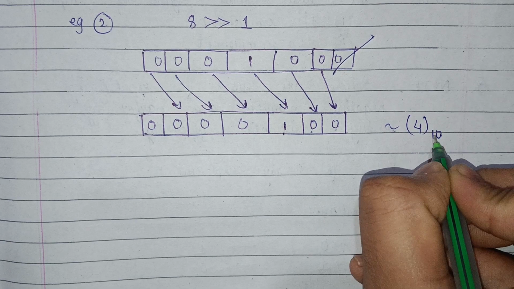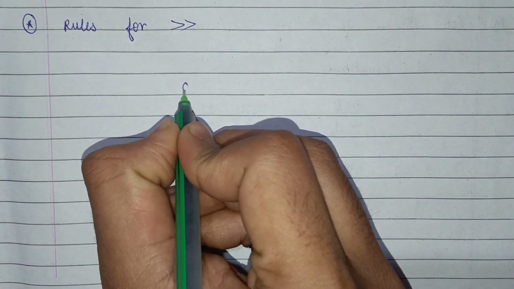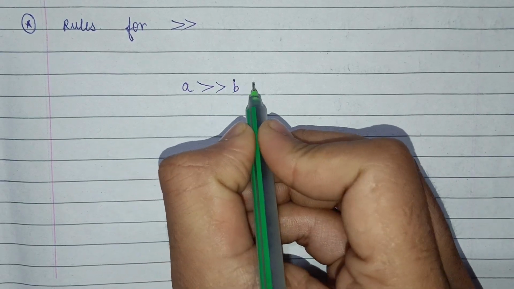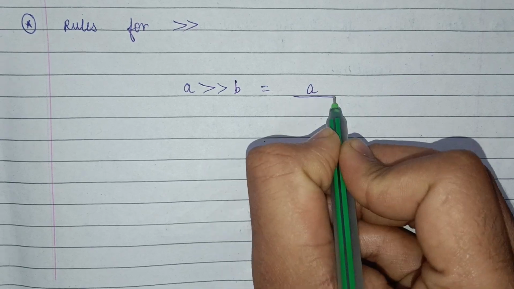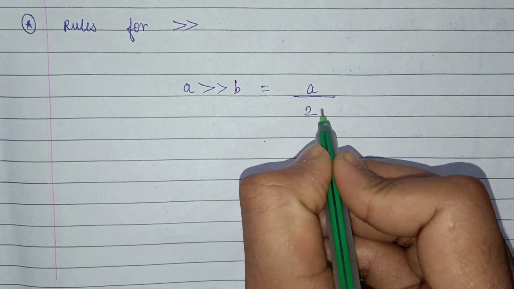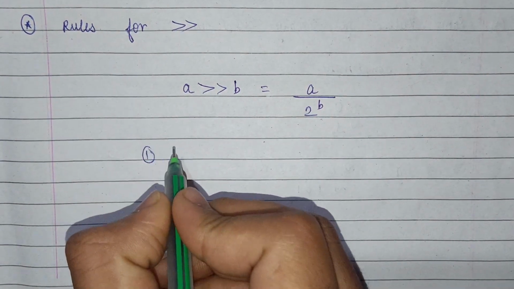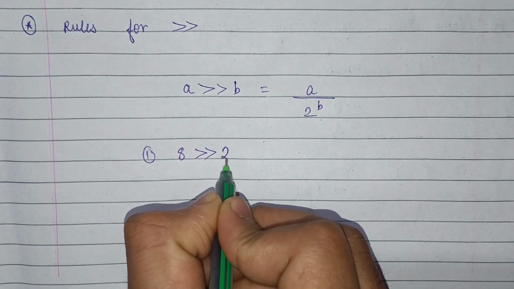The representation of 100 is 4 in decimal. Now let's see the rule for the binary right shift operator. A right shift B is equal to A divided by 2 raised to B. Let's say 8 right shift 2.